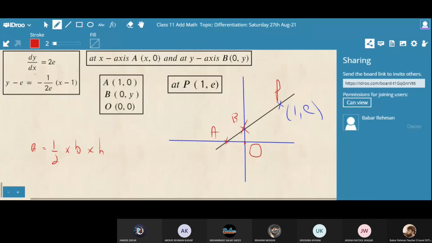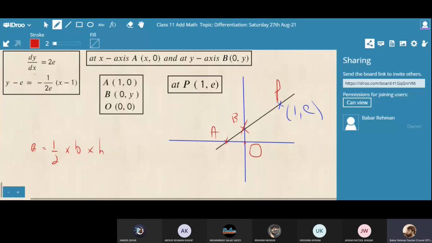B is also in terms of E. So how would you find the base then? Hamza Zafar, your answer is not correct, because you did not find it properly.